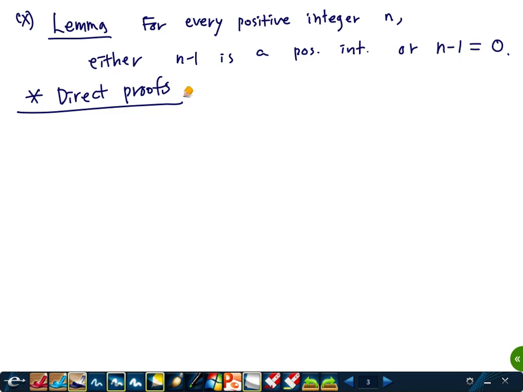So once you have a proof, you can say that, oh, now this is a theorem. This is true. So a theorem looks like this. Usually, a theorem is of this form.